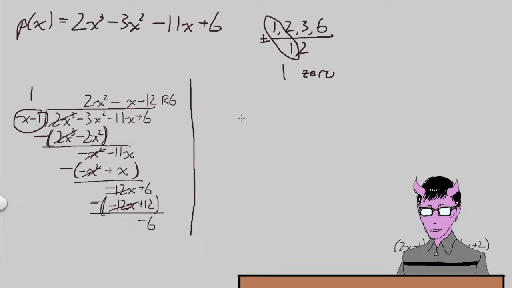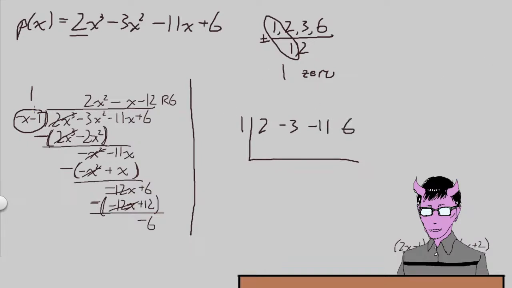So it goes like this. There is a 1. That's our candidate. We suspect that this is a 0 for our function. And then we populate this portion here with the coefficients and the constant of our polynomial. So we're going to get 2, we're going to get -3, we're going to get -11, we get +6.